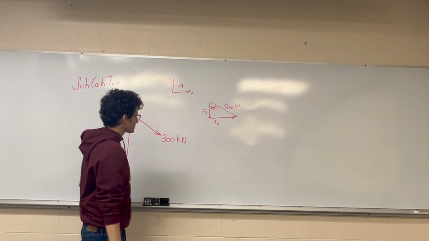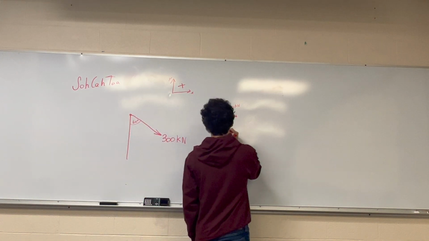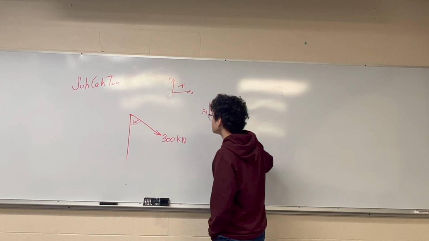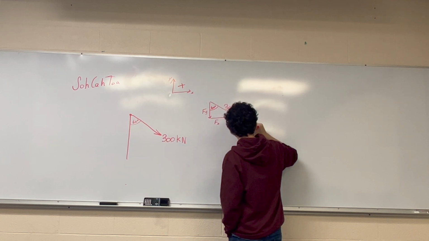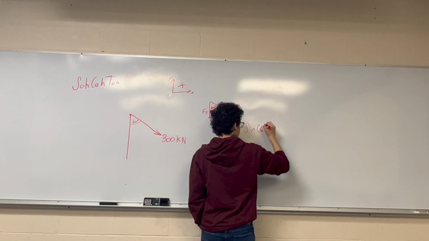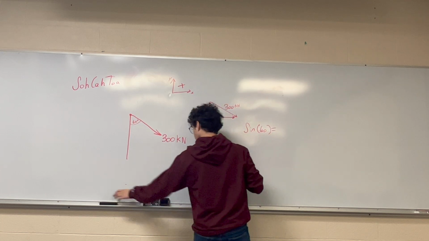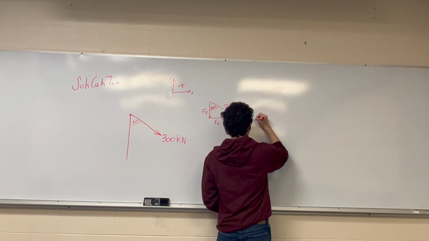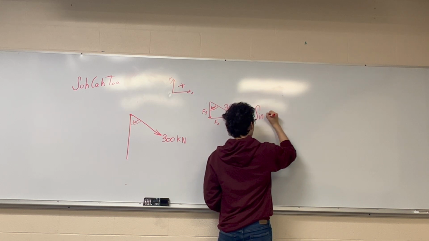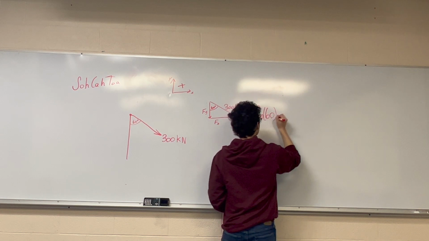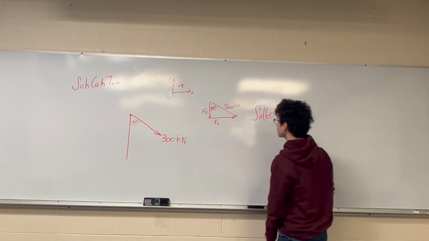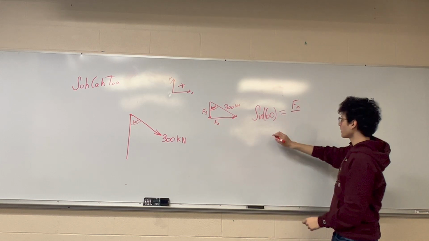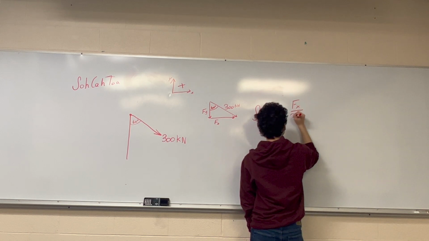So SOHCAHTOA, let's find Fx first. Find the opposite, right? So sine of 60 equals the opposite, which is Fx, over the hypotenuse, which is 300.